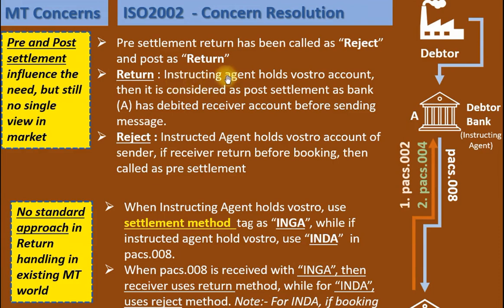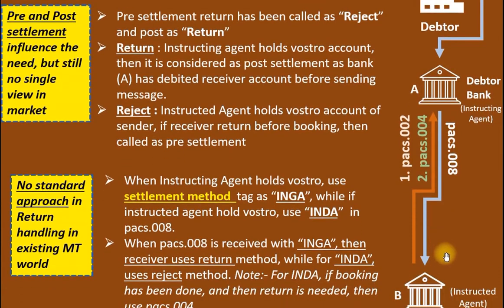So for example, the instructing agent holds the Vostro account. Let's suppose this bank, the instructing agent, is holding the account. Then it is considered a post settlement return if the other party wants to return it. Well, reject is something which happens before settlement. So in a case where the account is held by another bank, that is bank B, then it will be called a reject, because when I'm sending it, I'm not debiting the actual account. That's why it will be called a reject.